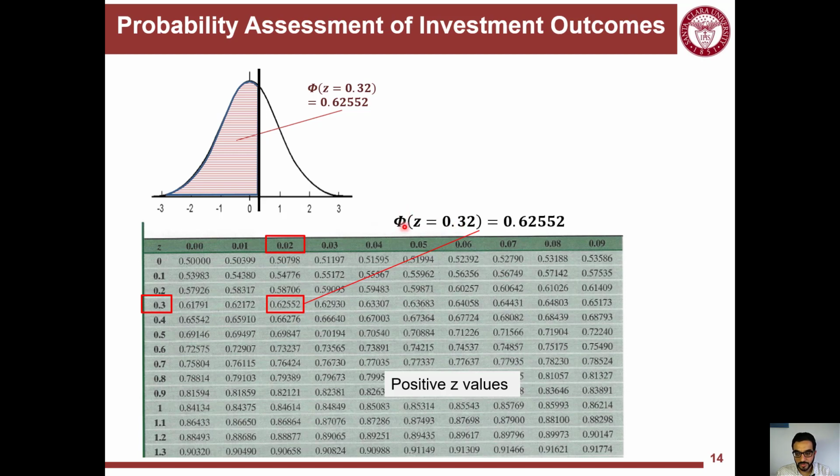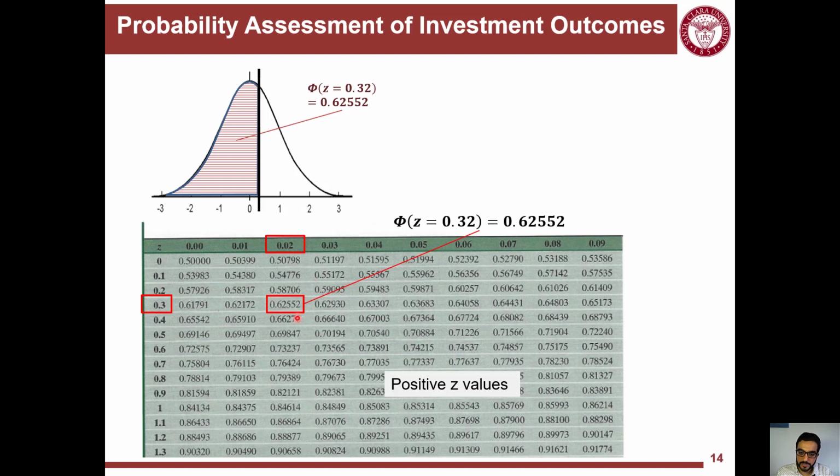Phi is the cumulative probability that I will be within 0.32 for Z. If this is the mean for the Z variable, equal to 0, 0.32 will be pretty close to it. So phi of Z equal to 0.32 is basically the area under the bell shape to the left of the Z value.